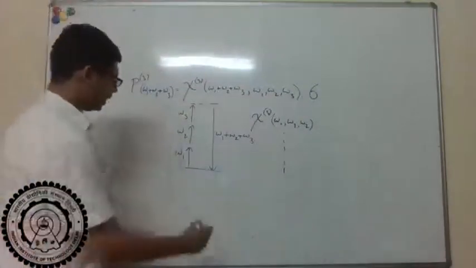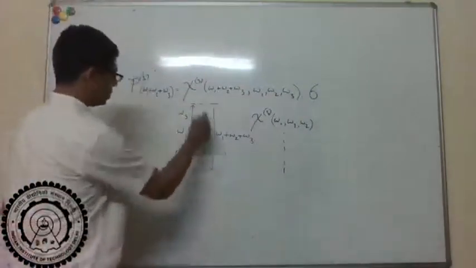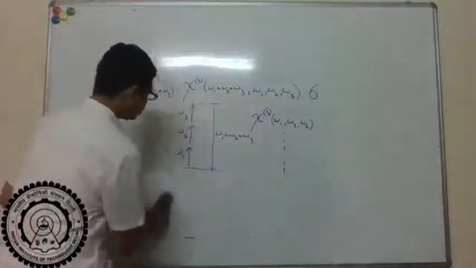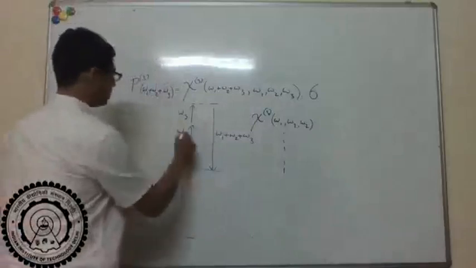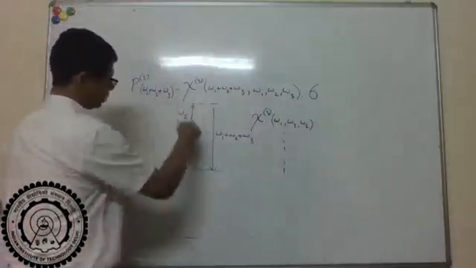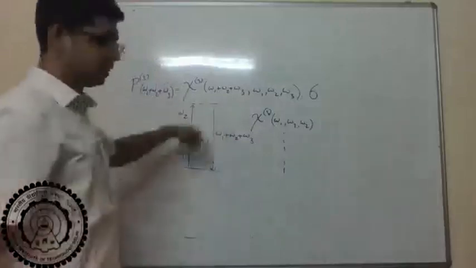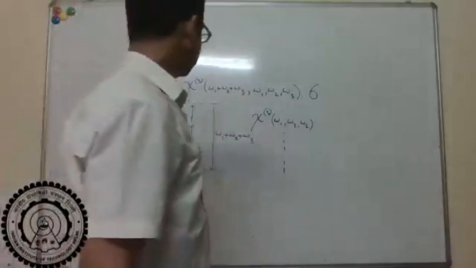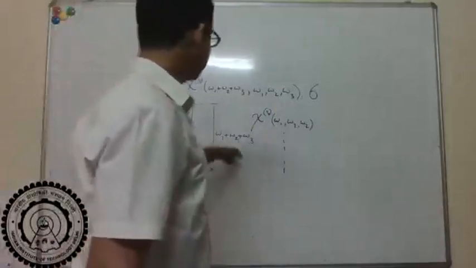So in the level diagram, it's like saying, okay, I can show the picture like this, or I can show omega 3 first, omega 2, or whatever combination, right? It's the same process. So it's 6 different ways of the same process occurring.